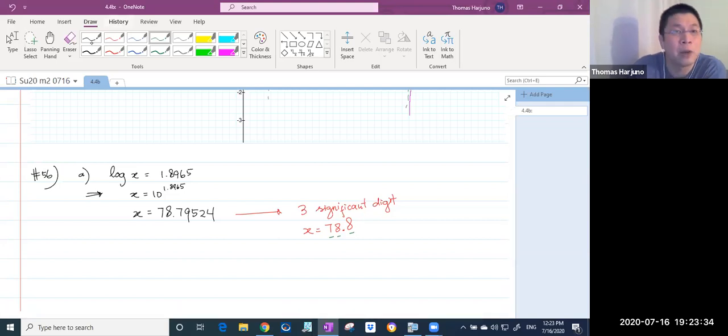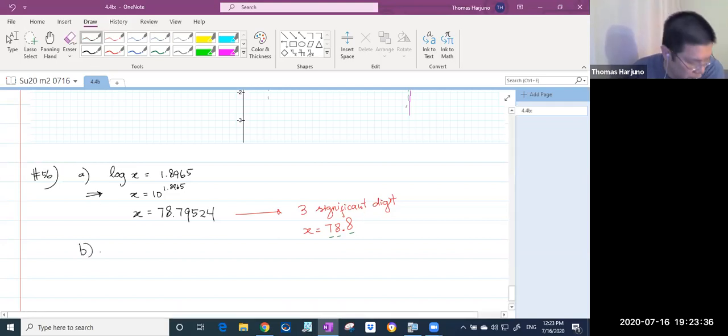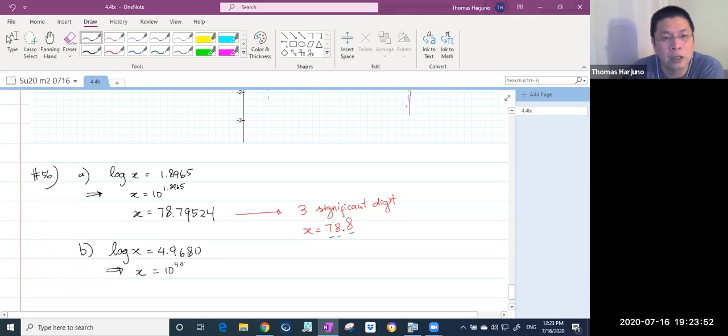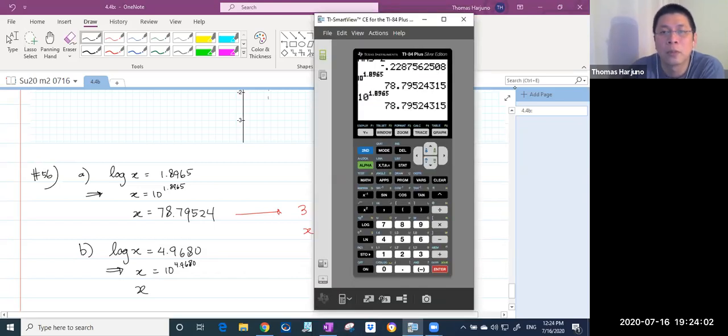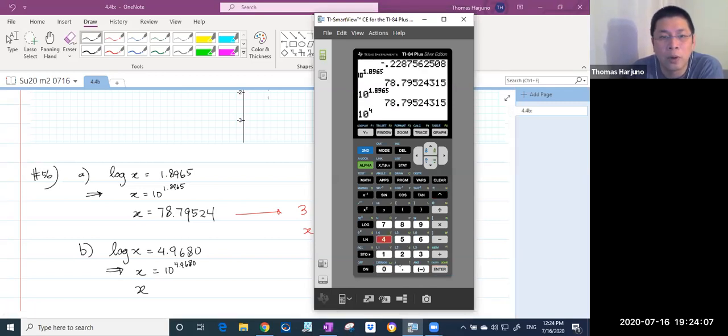Okay, let's say part B. Part B, we have log x equals 4.9680. So x equals 10 to the 4.9680. And then you use your calculator, 10 to the 4.9680.